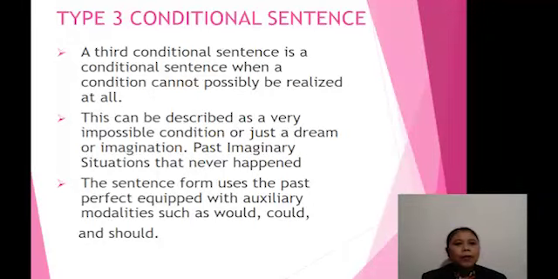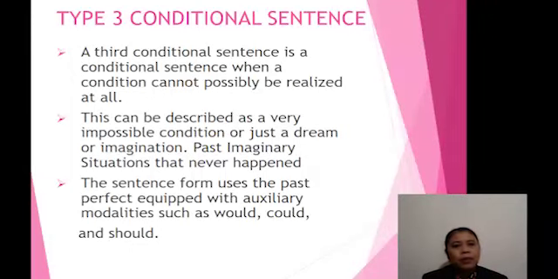Okay, now let's see what type 3 conditional sentence is. A third conditional sentence is a conditional sentence when a condition cannot possibly be realized at all.